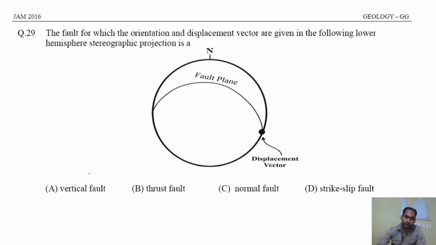Okay, so here is the last question, on fault plane movement. This is from JAM 16. The question gives the orientation of the fault plane and the displacement vector in the projection.